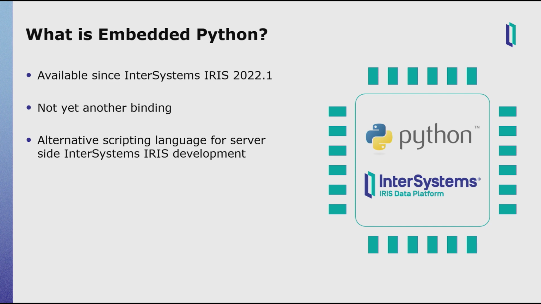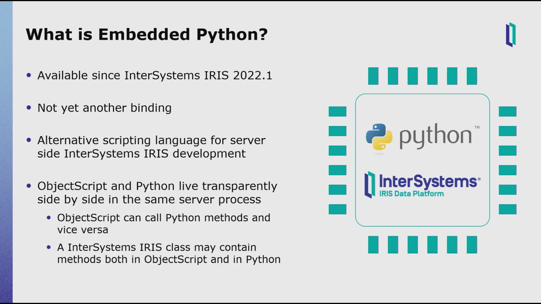So you can decide, do I write my code with ObjectScript or do I use embedded Python to write the code? And Python and ObjectScript live transparently side by side in the same server process.